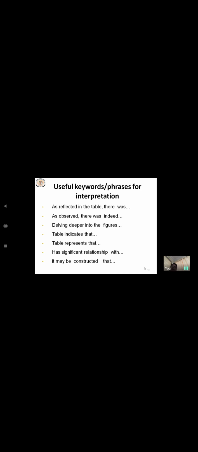So: as observed, there was indeed; delving deeper into the figure number and table number we have to show here; Table 1, Table 2, Table 3 indicates that; the table represents that; has a significant relationship with; and it may be construed that on that basis one should consider. Likewise, one should use different writing skills and sentences for the different results and interpretations.